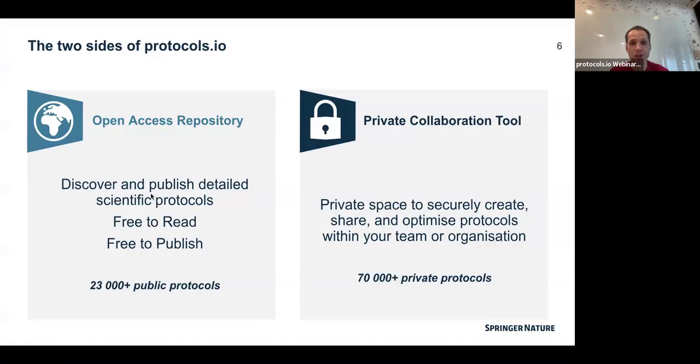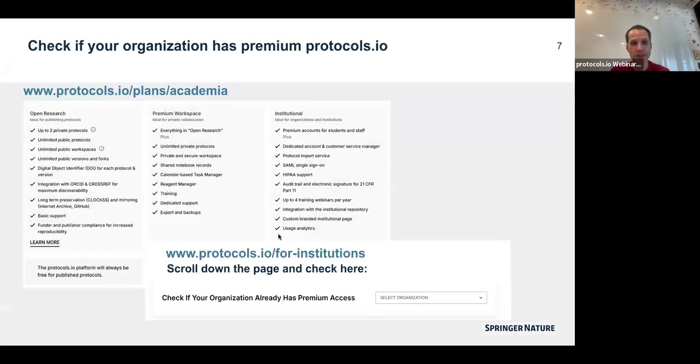And as I said, there are two different sides to Protocols.io, the open access repository and then the private workspaces. I'll focus more on what a public protocol looks like, but the functionality is the same. It's just a matter of whether the protocols are public or within a workspace and just visible to you or your colleagues.